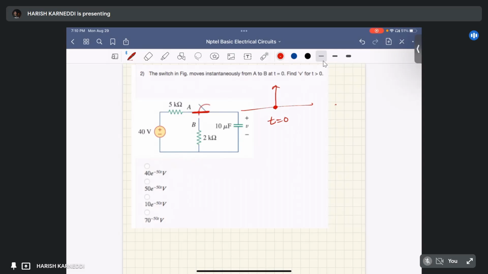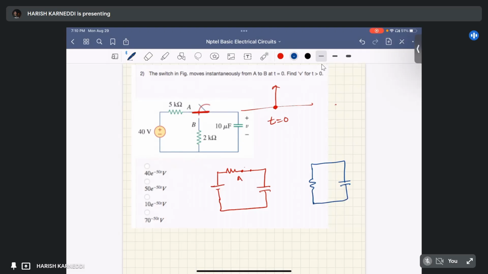We can redraw the circuit. Before t equal to 0, the switch is closed towards the A position. After t equal to 0, the switch moves from A to B, so the circuit looks like this.